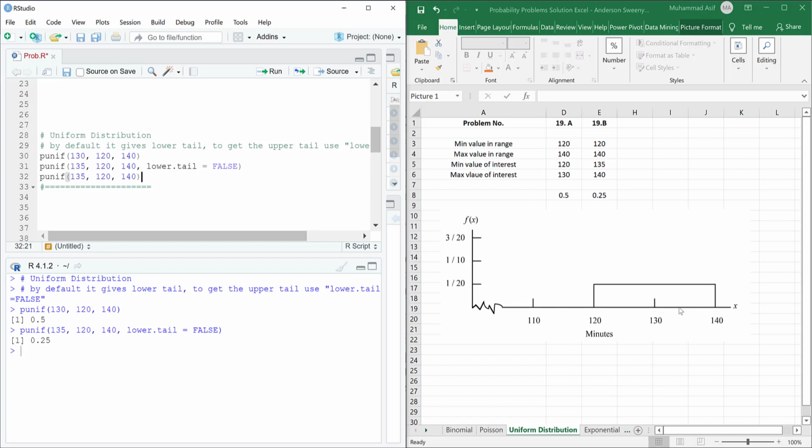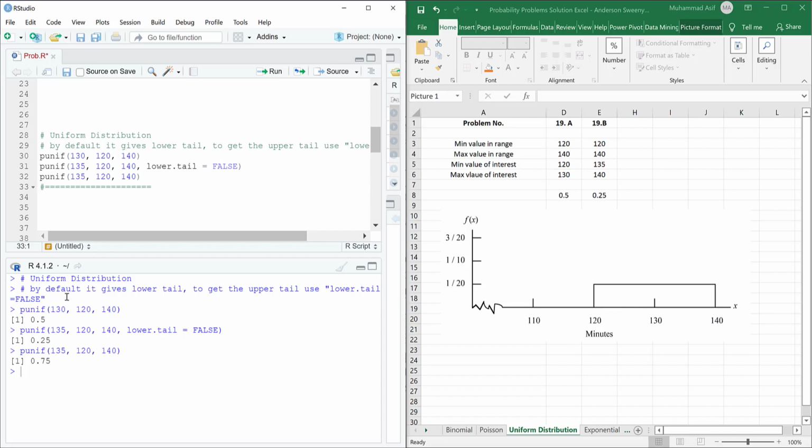If this is 135 and on the left end from 120 to 135, the whole area that represents probability will be given, which I can imagine will be about 0.75 or 75%, because this is 50%, and then 135 here, that will be another 25%, so that will be 75%. So when I run this command, that gives 75%. That's a probability that the flight will be between 120 and 135 minutes late.